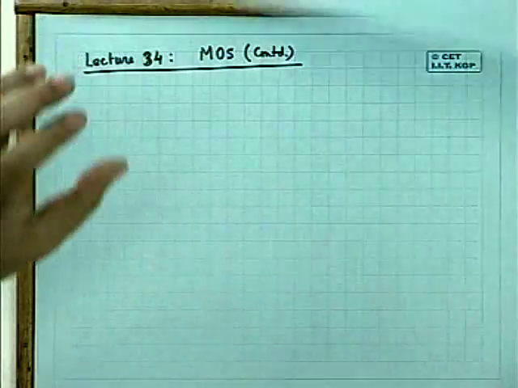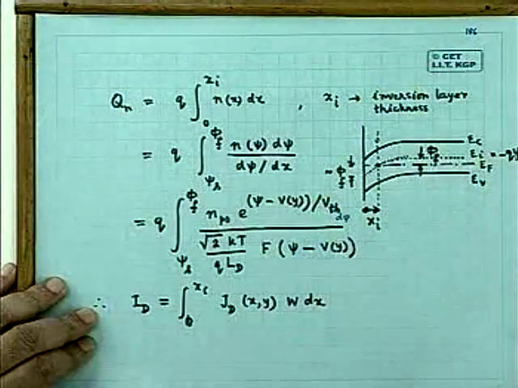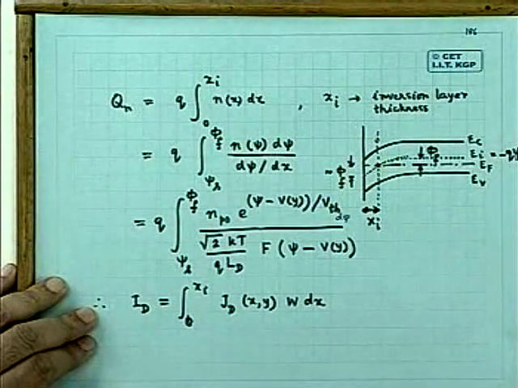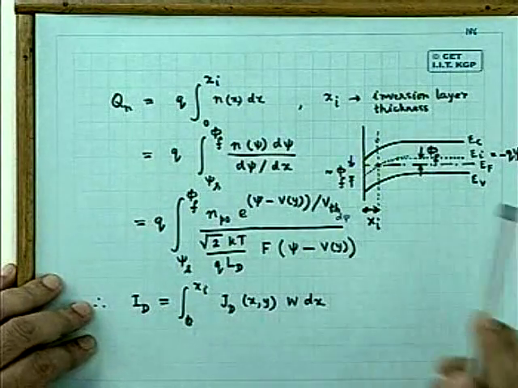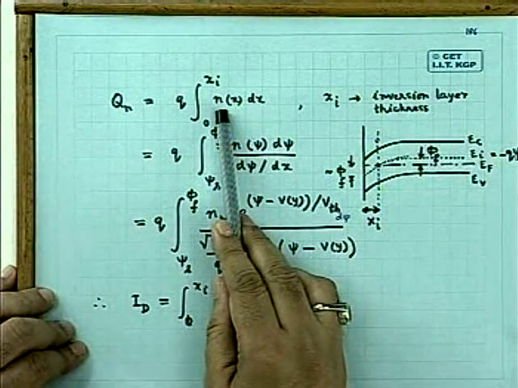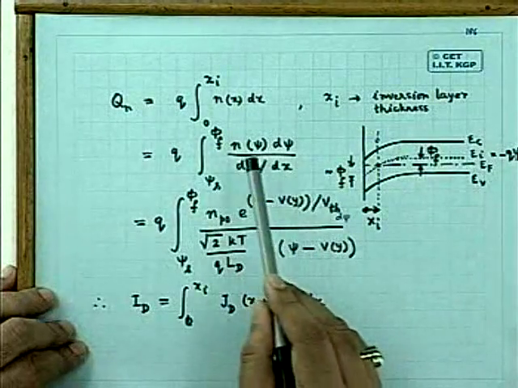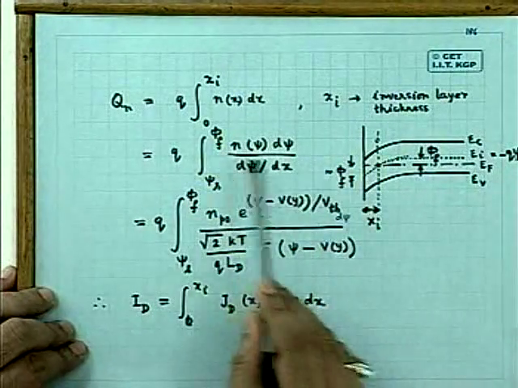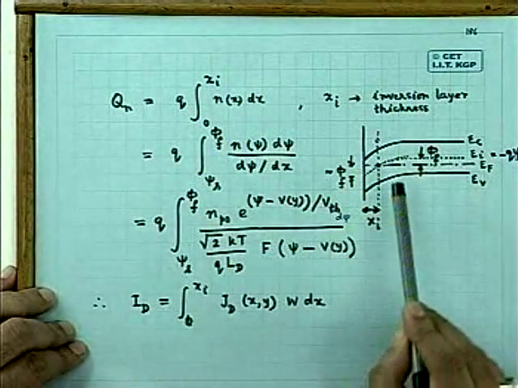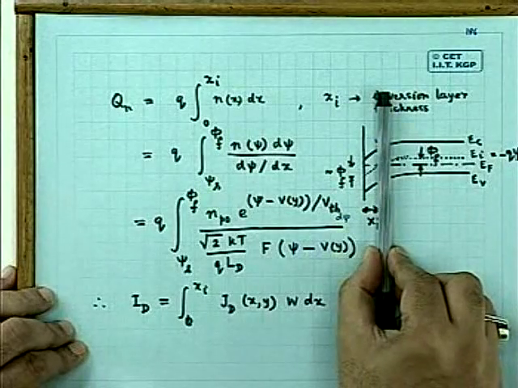and starting with the Qn equation, the inversion charge density equation, we wrote it like this, which is easy to understand. nx is the volume density of electrons in the inversion layer, and we assume that it is distributed from the surface, x equal to 0, to a point where the layer becomes intrinsic.